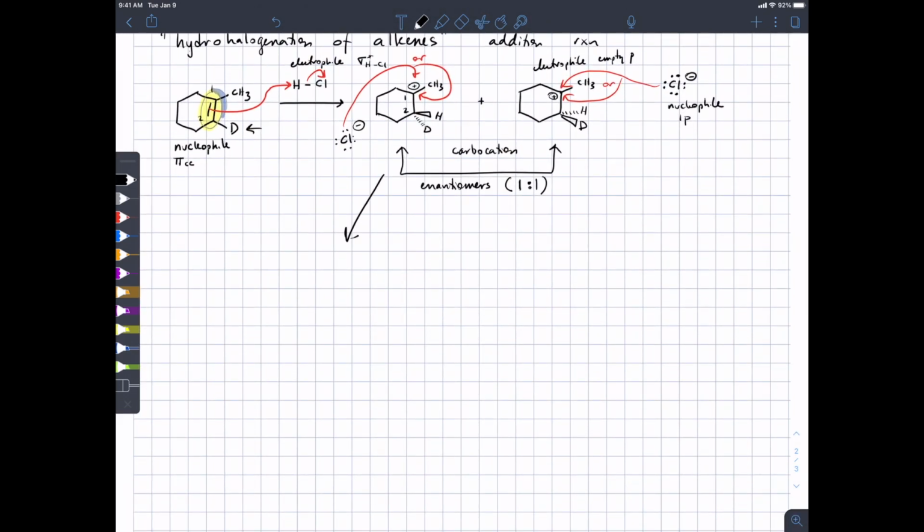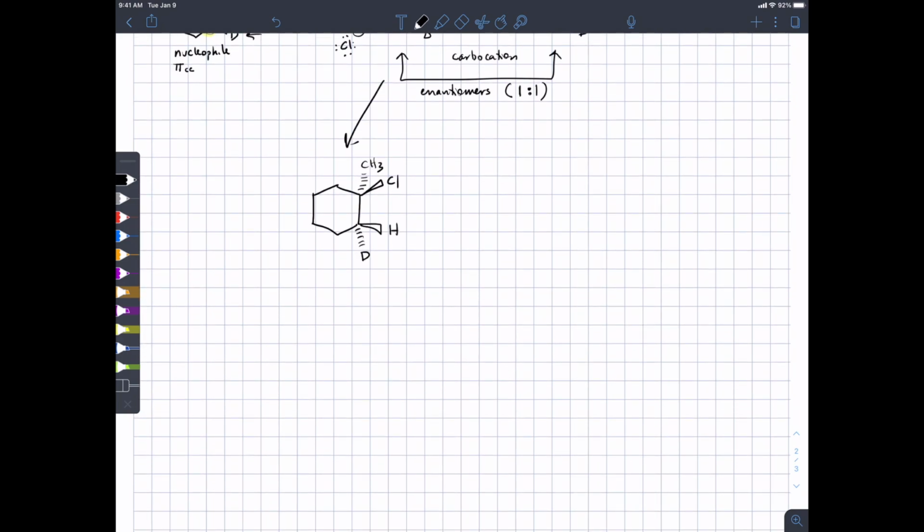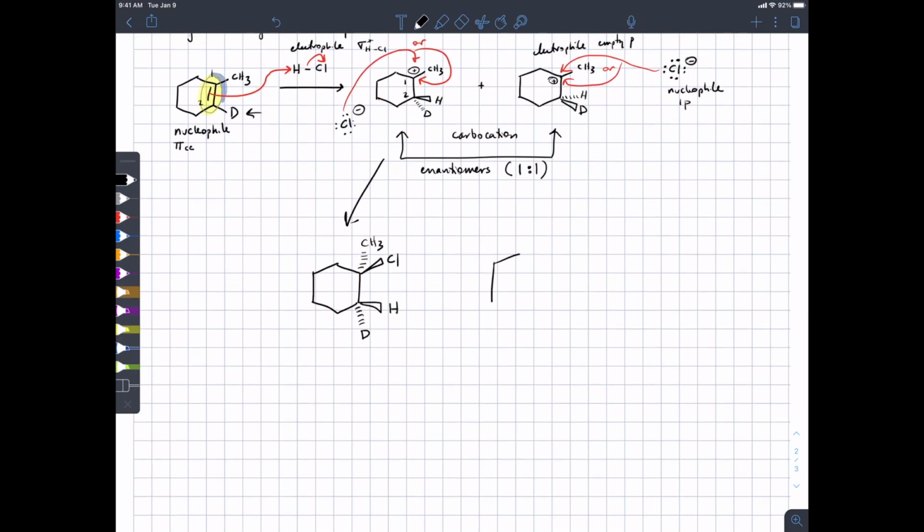From the enantiomer on our left, that's the one where deuterium is down and proton is up, we could end up with a molecule where chlorine was also up and methyl group was down. Or we could end up with a molecule where chlorine was down and methyl was up. Okay?